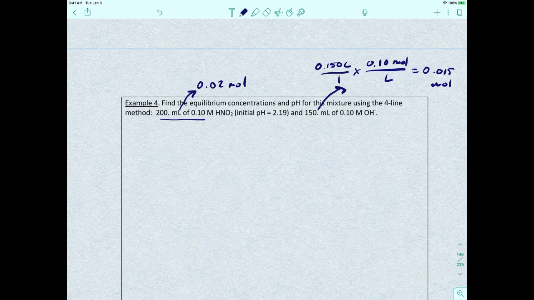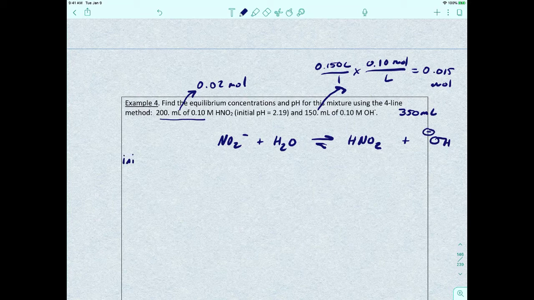And we know that 200 plus 150, we're looking at 350 milliliters total when we mix them together. So our equation was this: NO2 minus plus water is in equilibrium with HNO2 and OH minus.